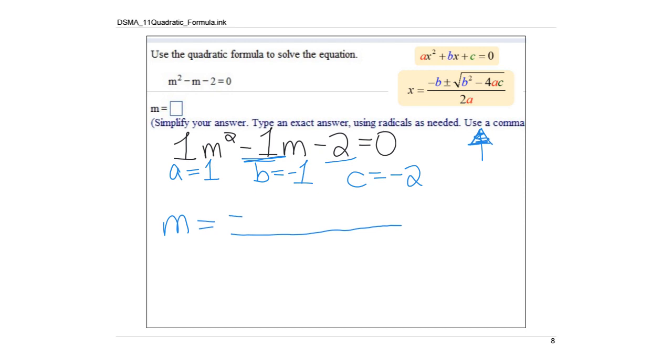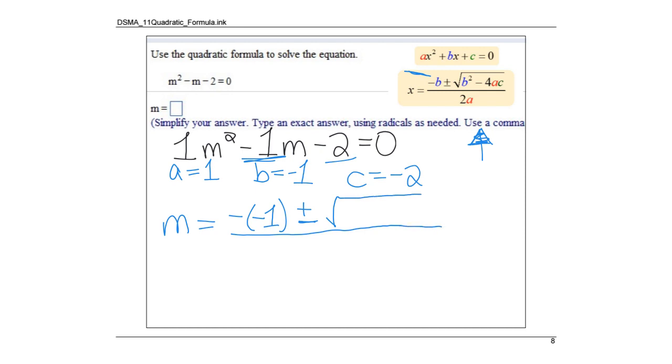Well, -b would be the negative of -1, because b is -1, and we want the negative of that because that's what the formula shows. Then we use this plus or minus. You cannot use that plus or minus in the calculator. You have to just use plus and then go back in and change the plus to minus to get the second solution.